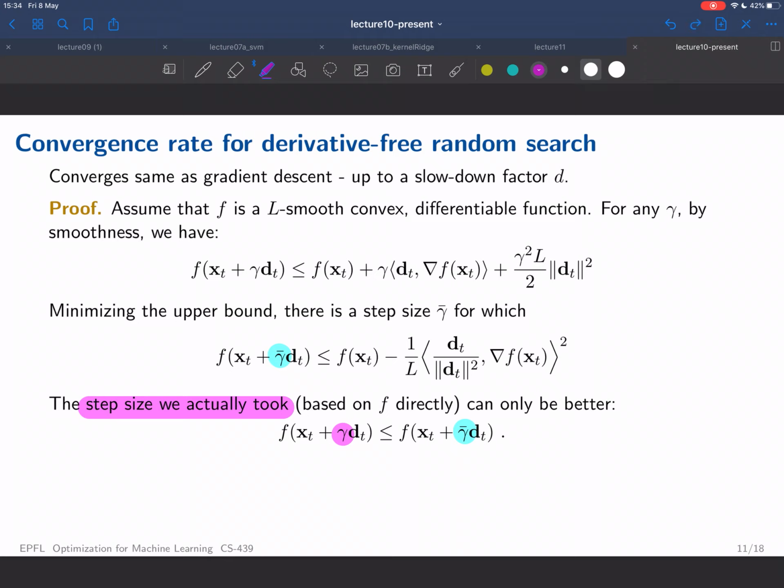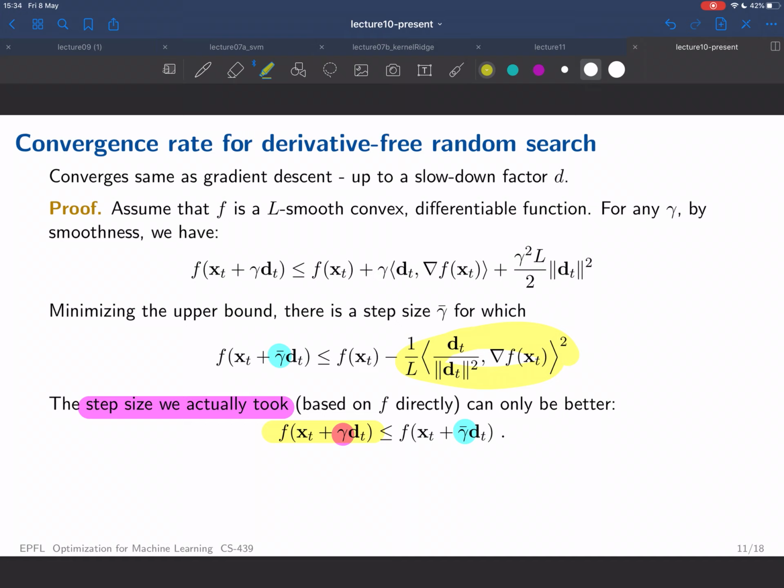So what we now have is that the new value is smaller than this thing here, and that is strictly better than the old value of xt. So we're done, we basically have a convergence rate, if we can explain a bit better what this thing is in expectation. That looks a bit strange: I take a random direction and ask what its inner product with the gradient is.